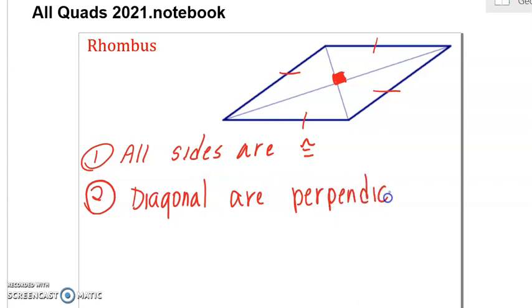Now, if you wanted to say they were perpendicular bisectors, you could, but the bisecting part comes from the fact that it is a parallelogram. So since in here, this is the same as this, and this is the same as this, these triangles, this triangle and this triangle, and this triangle and this triangle must be exactly the same by side angle side.